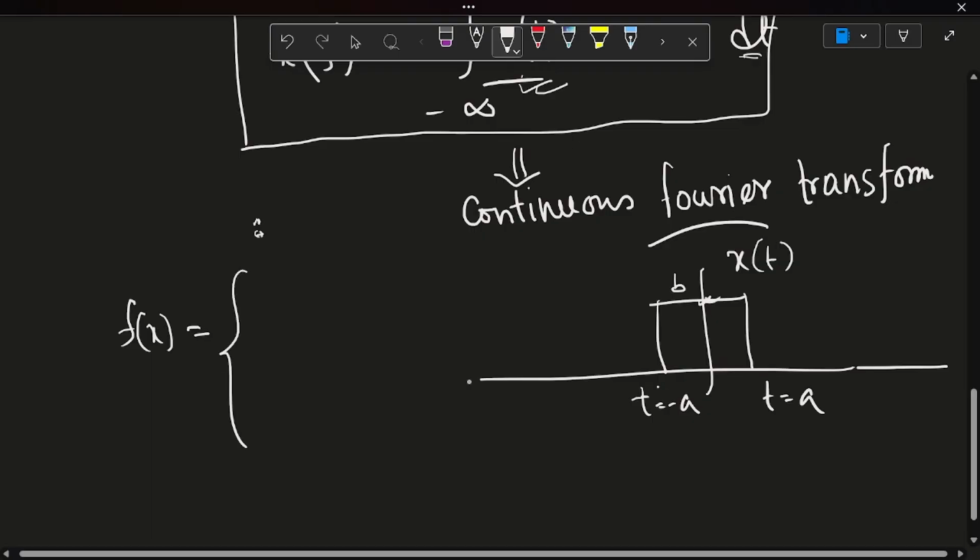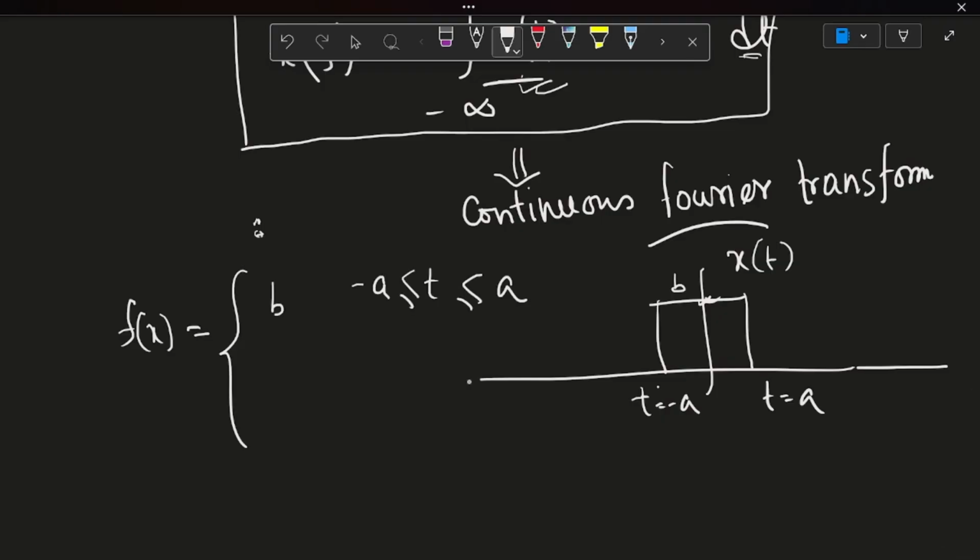So your function has value b whenever t is between minus a and a, and your function has value 0 when t is greater than a and when t is less than minus a. For these two cases your function has value 0, and in between this range your function has this value.